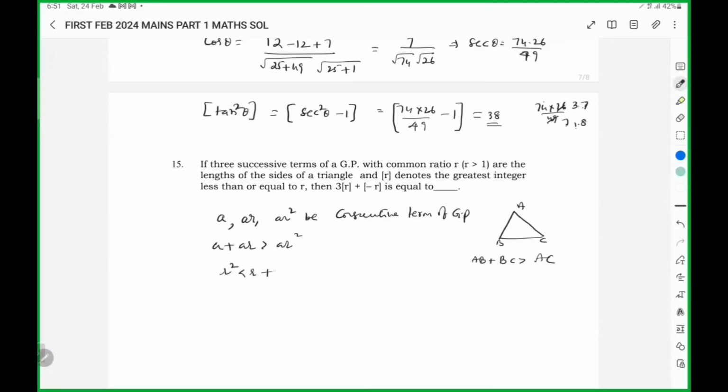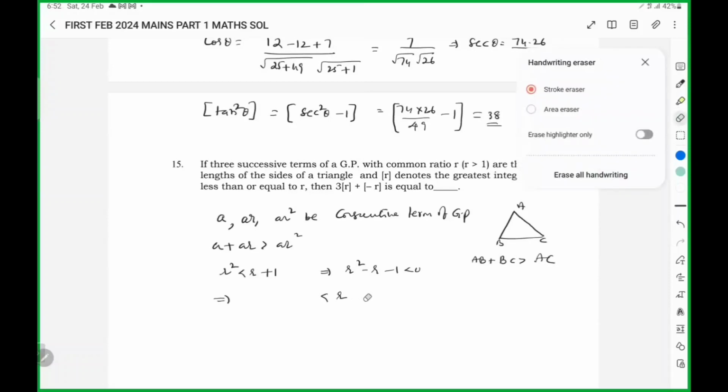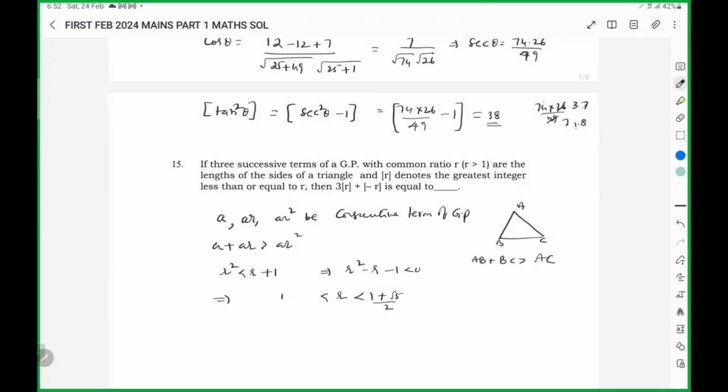R square is less than r plus 1. From here r lies between the roots, using 1 plus b square minus 4ac. Another time he has given a restriction r greater than 1. So r should lie between 1 and the larger root.